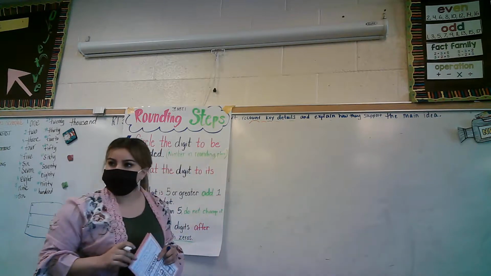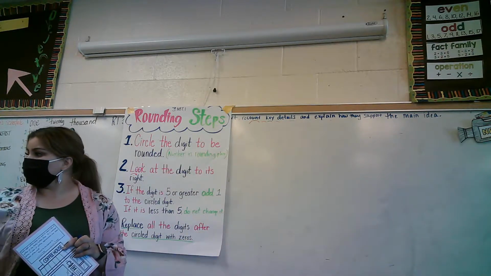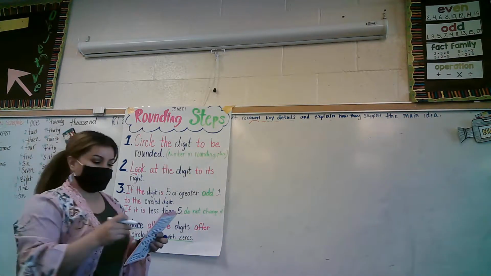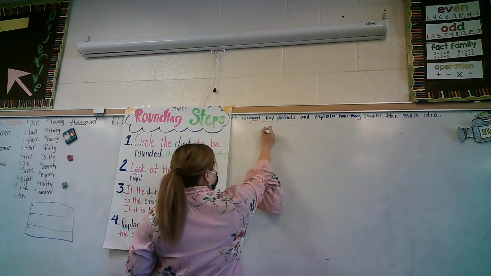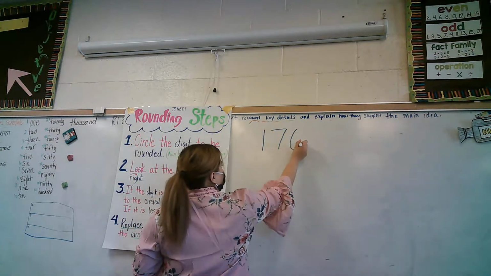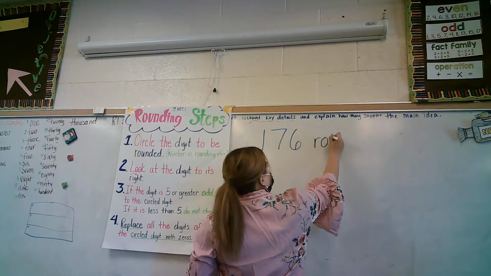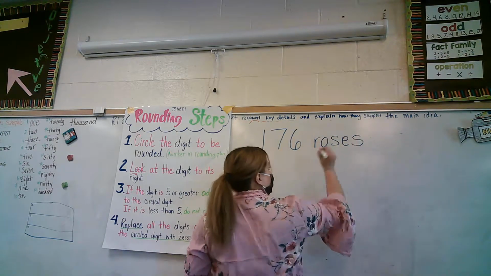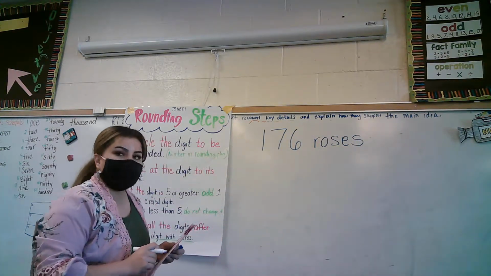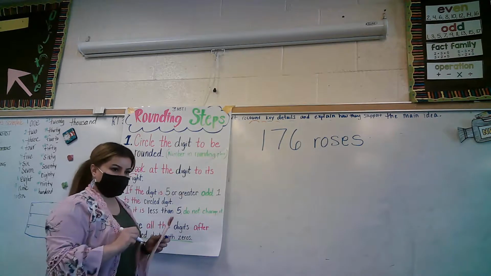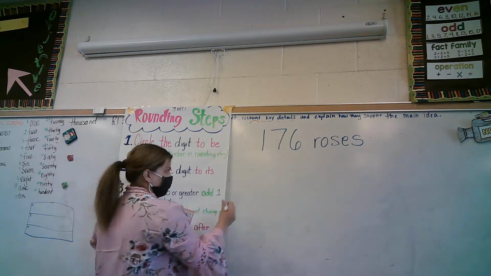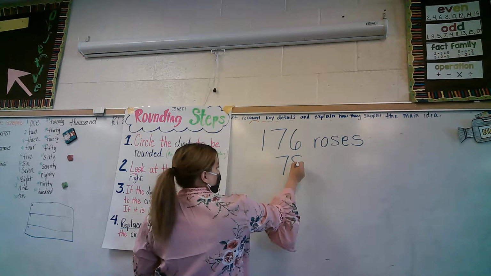How many roses did he sell? Jeanette? 176. Okay, so he sold 176 roses. How many lilies did he sell? He sold 78. So he sold 78 lilies.